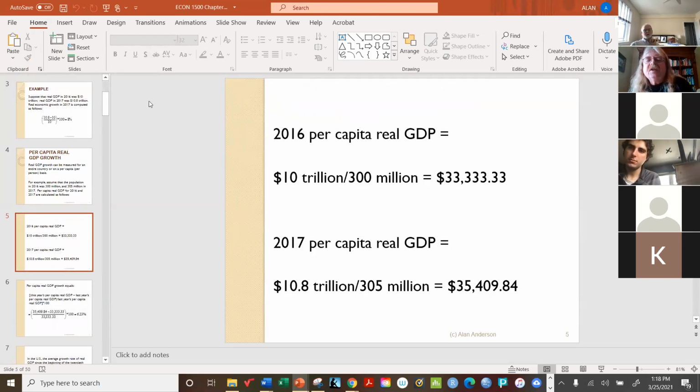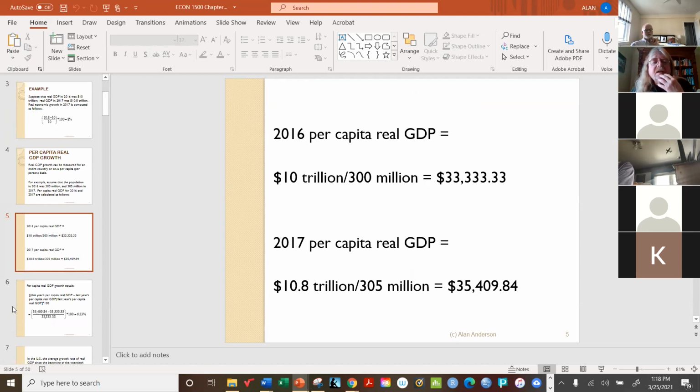That real per capita GDP in 2016 would have been about 33,333.33. The next year, GDP went up to 10.8 trillion, while the population went up to 305 million. So the total real GDP per capita actually went up to 35,409.84.